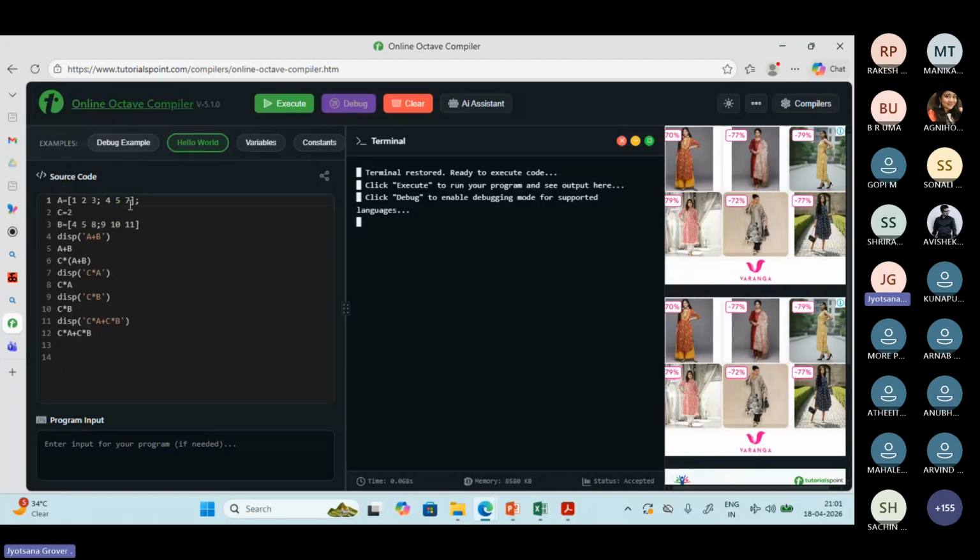If you put a semicolon, then it will not be displayed. A plus B, let's display. Yes, let's display this too. Okay. Alright. Let's write this on top. Okay.